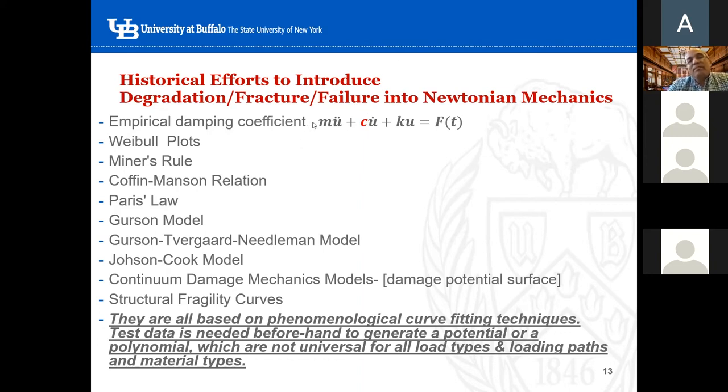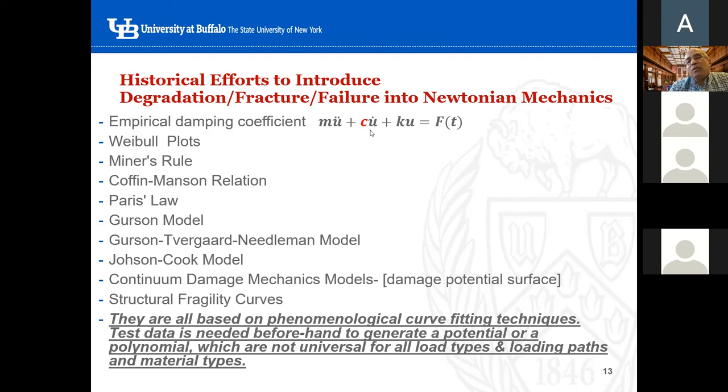So, for example, in the dynamic equilibrium equation, this concept of C, the damping, is actually to introduce dissipation into the system. However, it is completely empirical. It is not based on any physics in this equation.